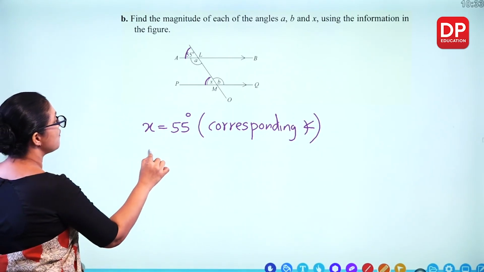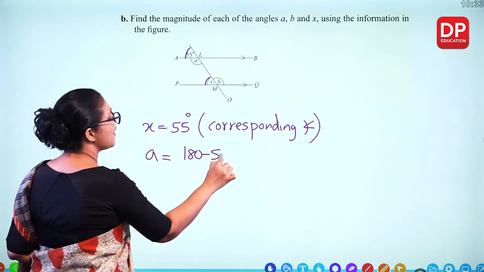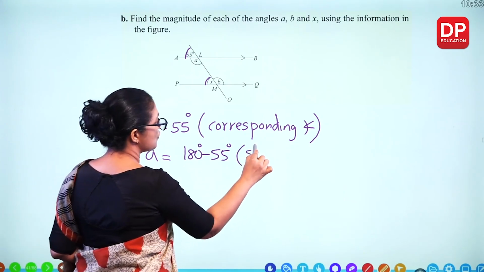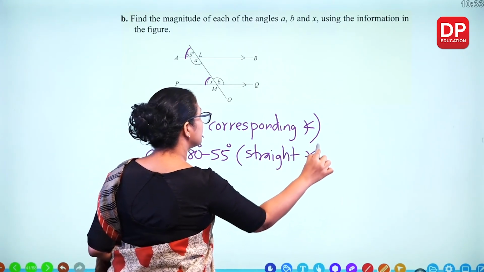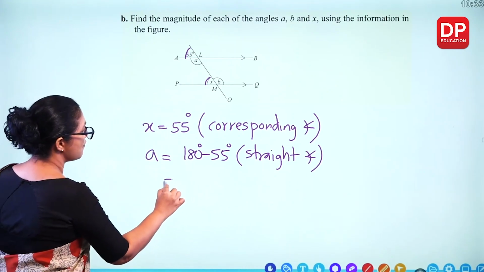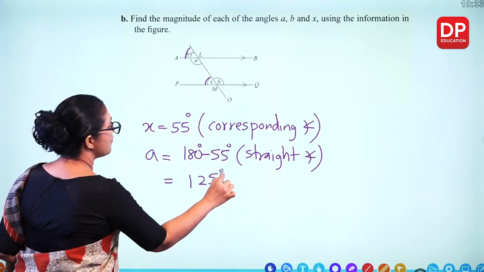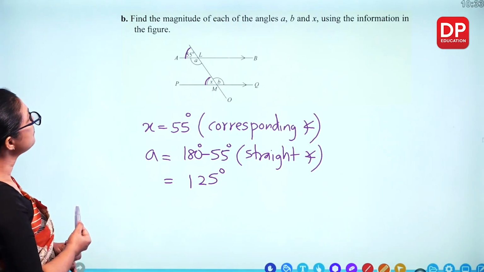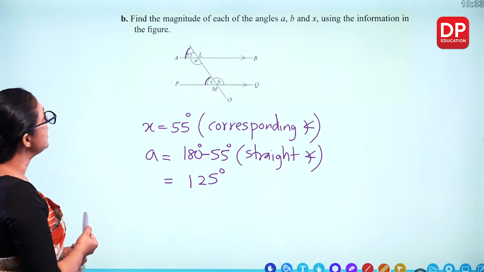Then A, you can find out 180 minus 55 because this is a straight line, straight angle. So what's the value? 125. That's A.